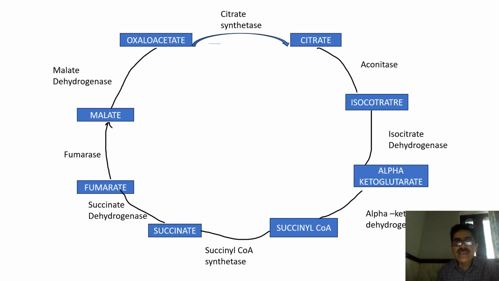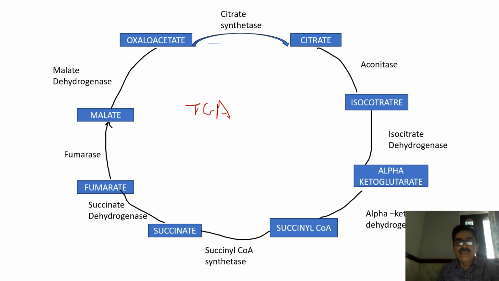Now what is the TCA cycle? The TCA cycle is a cyclic metabolic reaction, one of the pathways of carbohydrate metabolism. This is the TCA cycle. There are around 8 reactions in this particular cycle.